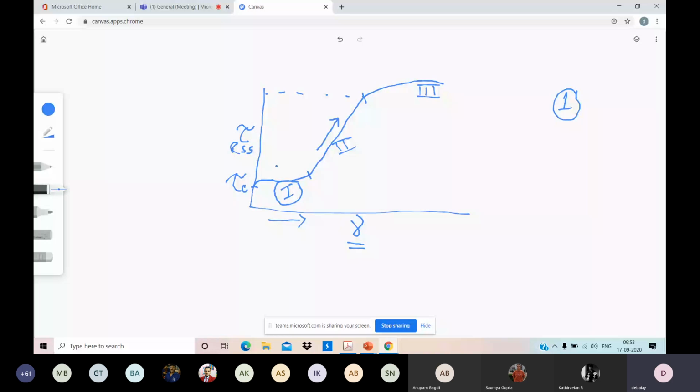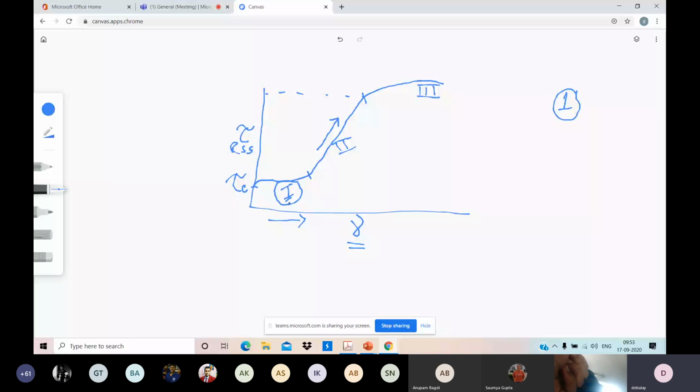Can one of you repeat what I have said? Easy glide. Easy glide.